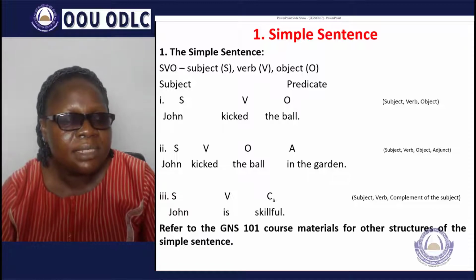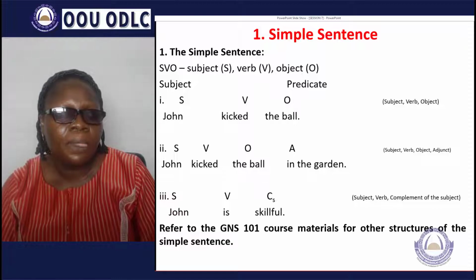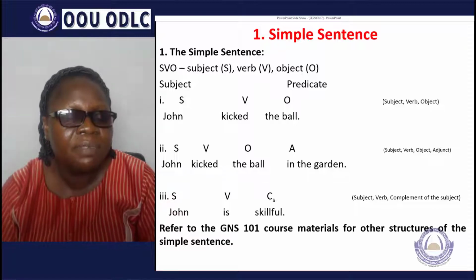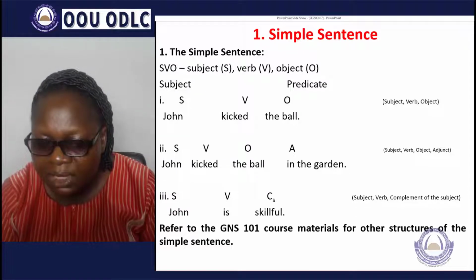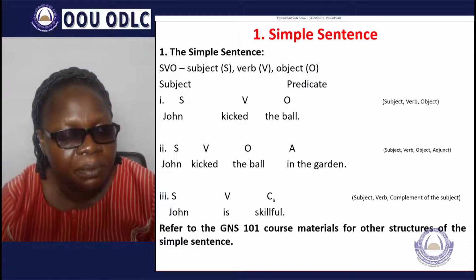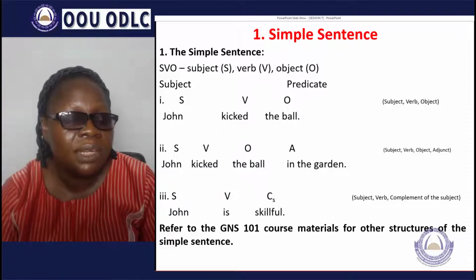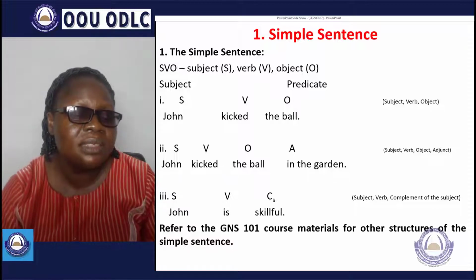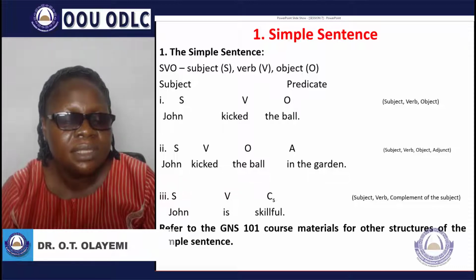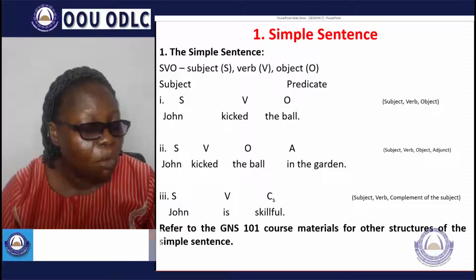Now, sentence number 3 on the screen is John is skillful. Here we have the subject, which is John. We have the verb. And note that the verb here is ordinarily an auxiliary verb, but which is existing alone in this sentence and acting as the main verb. Now, the word skillful gives us information about who?